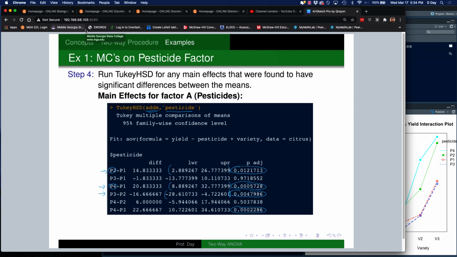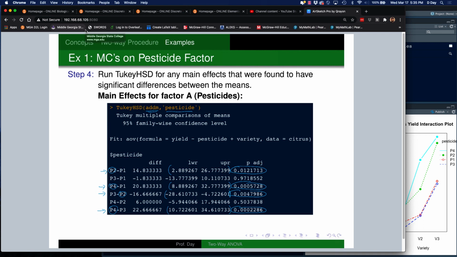Here P2 is better than P3. And the last significant one down here, P4 minus P3, both positive, implying that P4 is better than P3. So it looks like pesticides 2 and 4 did a better job at producing mean citrus yield on average than pesticides 1 and 3.